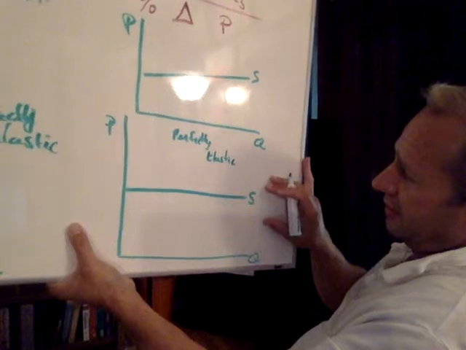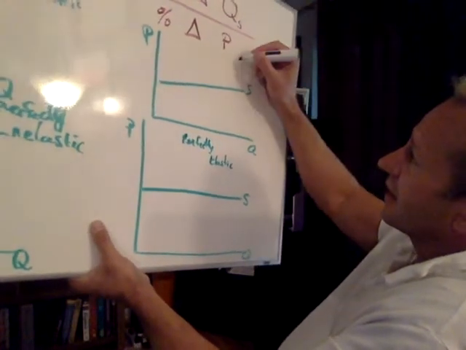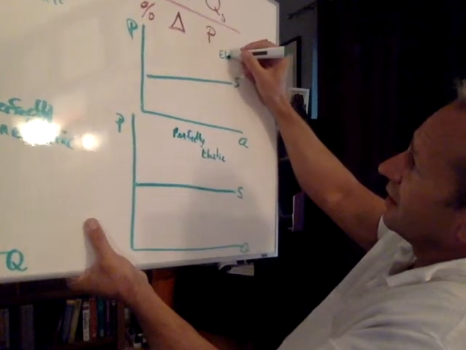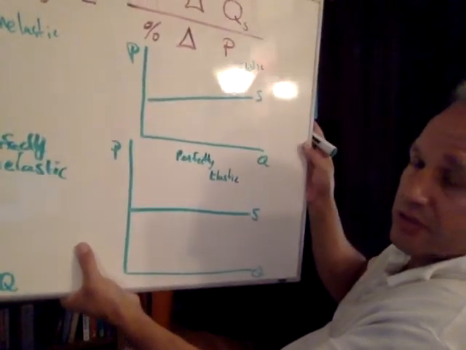But things like this are elastic, and these are things for which the sellers are very responsive to price. If these sellers can get a little bit more money, they'll sell a whole lot more.